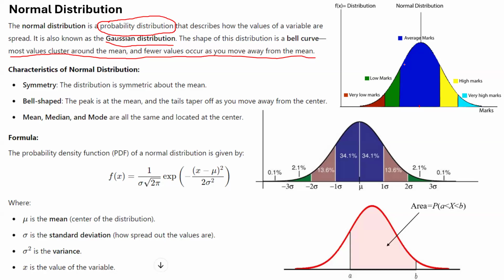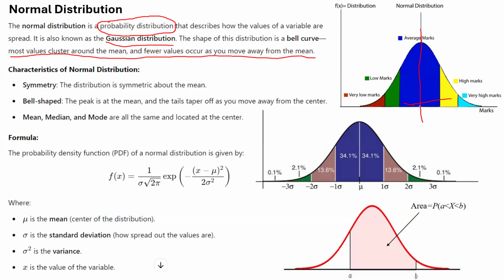Everything falls under normal distribution. The characteristics of a normal distribution: the distribution is symmetric around the mean. What does symmetric mean? If you flip it, it always looks the same. If you fold it around the mean, both sides will collide with each other. It looks the same on both sides of the mean.